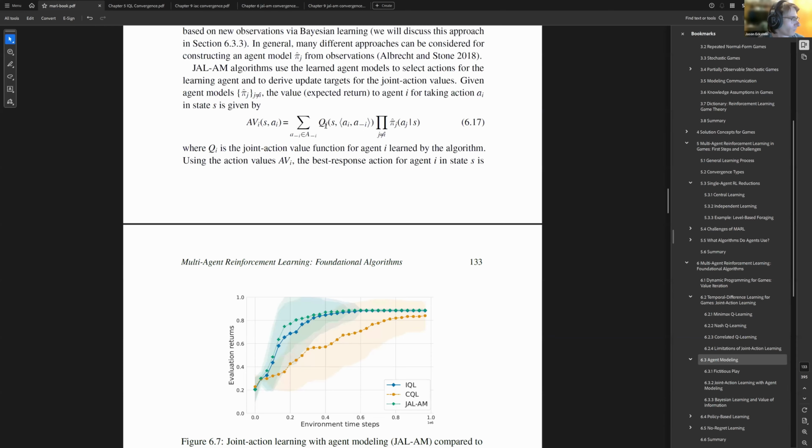This is the joint action value function, because it doesn't just depend on the actions of one agent, it also depends on the actions of all of the other agents. That's the notation this book uses: minus i for the actions of all the other agents.